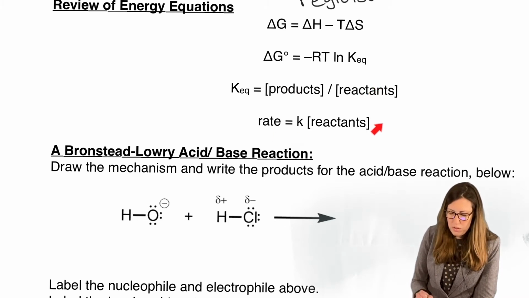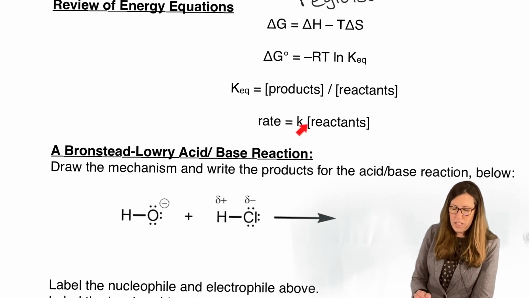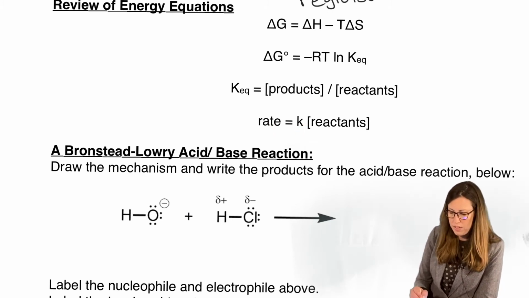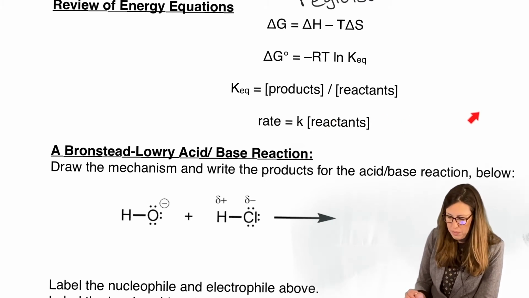And this one we do spend a lot more time on, the rate law. The rate is the rate constant times any reactant. If you have several of them, they all get multiplied out. Whatever reactants you have, they get included.